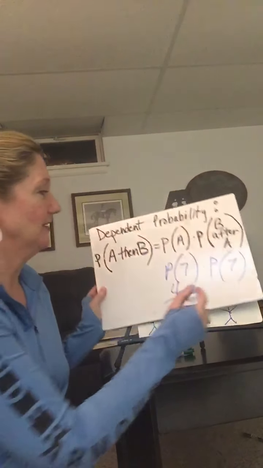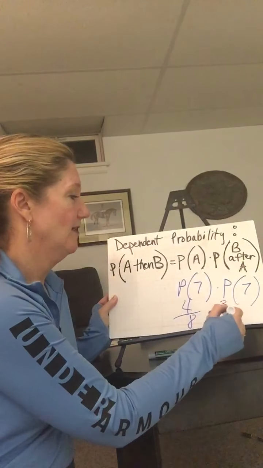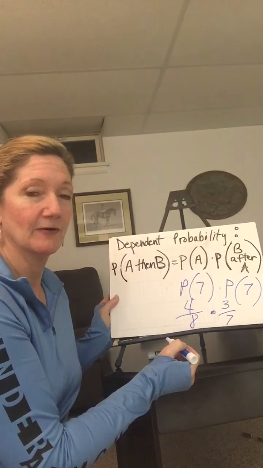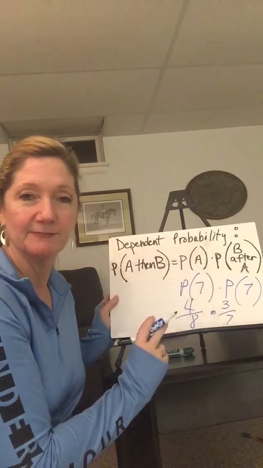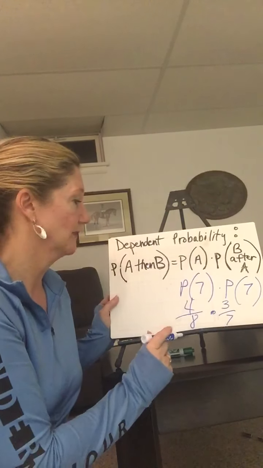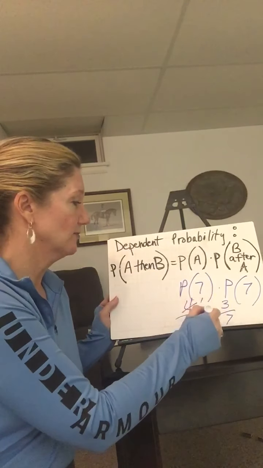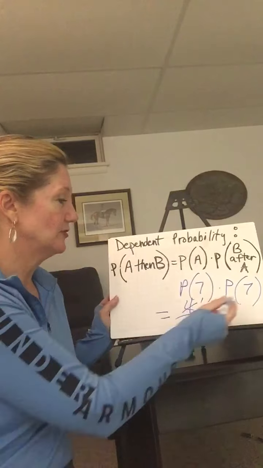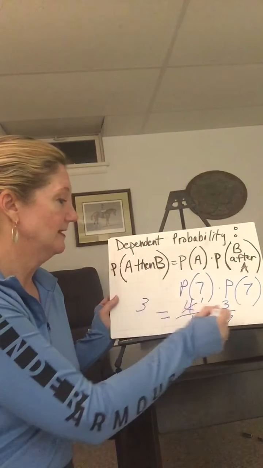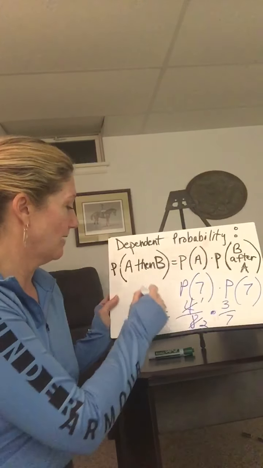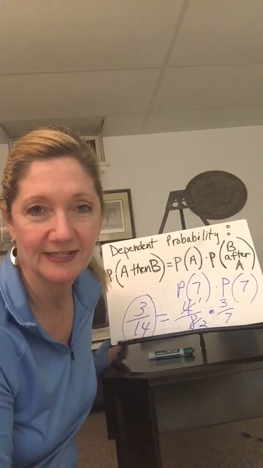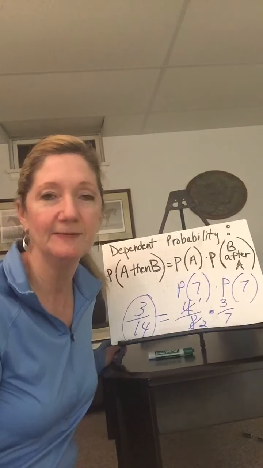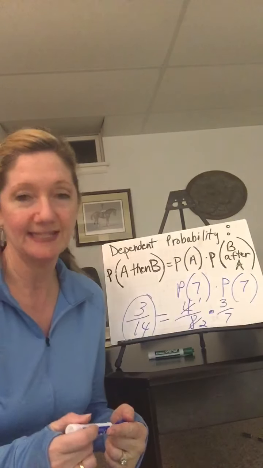So right here you're going to have to put 3 over 7, because there were just 7 names left to choose from and 3 possibilities that they would be 7th graders. So you can reduce 4/8 to 1/2. Multiply these two amounts, 3 times 1 and 7 times 2. So the probability that 2 7th graders would be chosen to co-captain an activity is 3 out of 14.